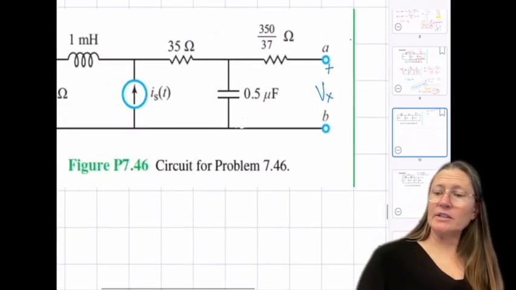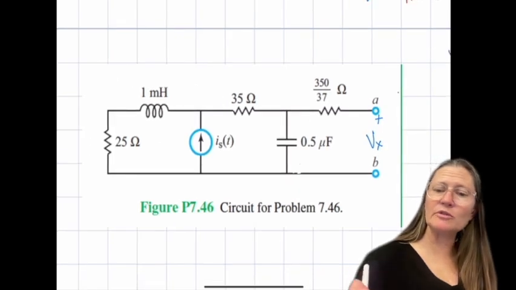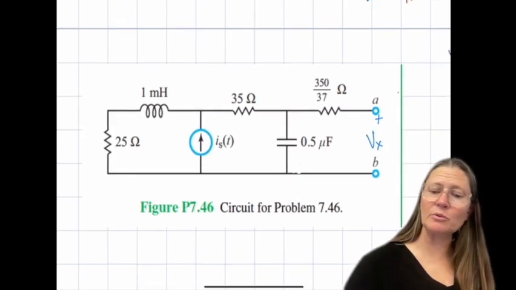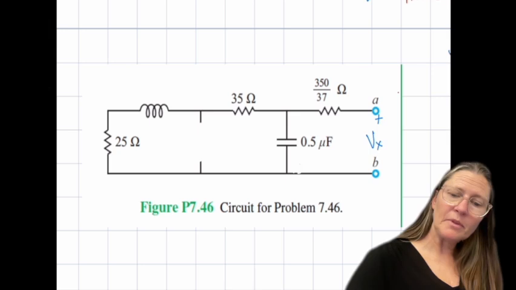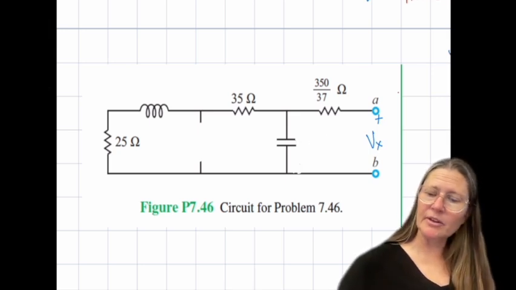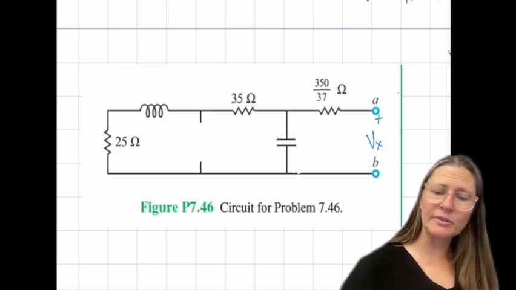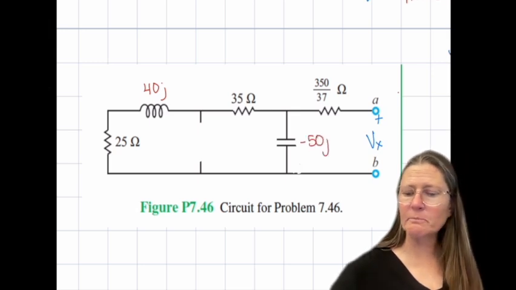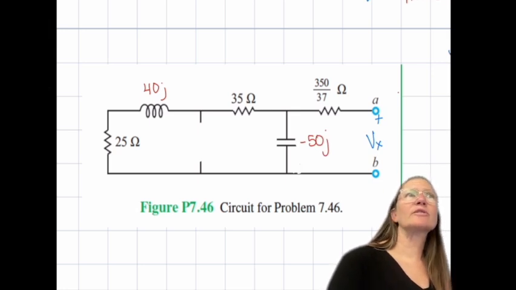So to find ZTH, we're going to use the same method as we did before. Any independent sources we'll remove, so this becomes an open. I'm going to replace these by the frequency equivalent, so 40J, and this was minus 50J. We will combine them just like they are resistors.